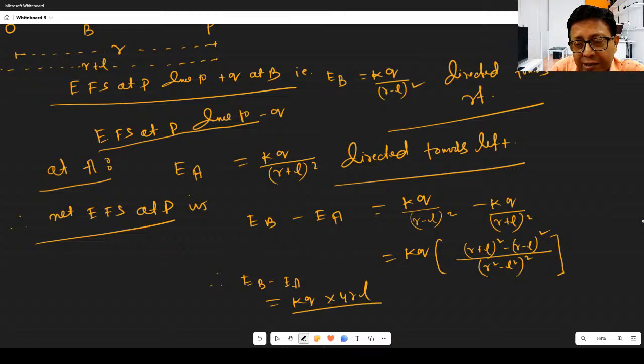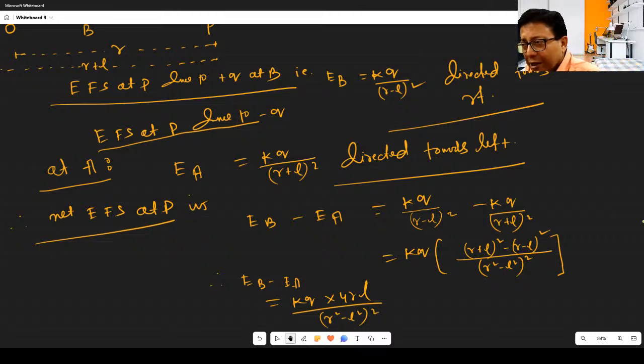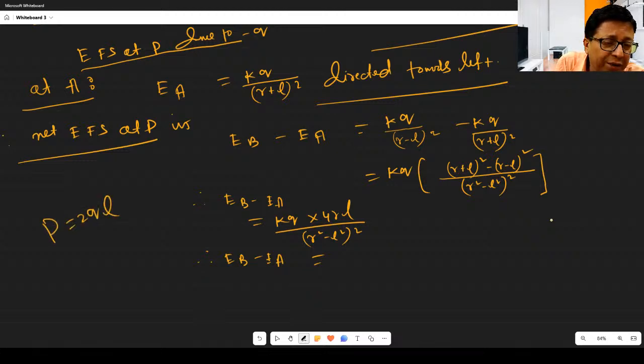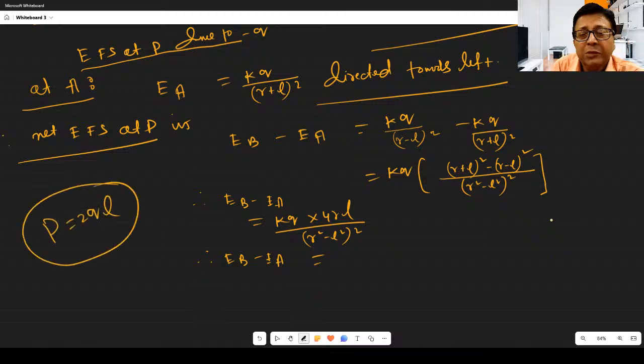This by the denominator. So EB minus EA will be, I want the expression P equal to 2QL. Okay? 2QL I am getting over there.